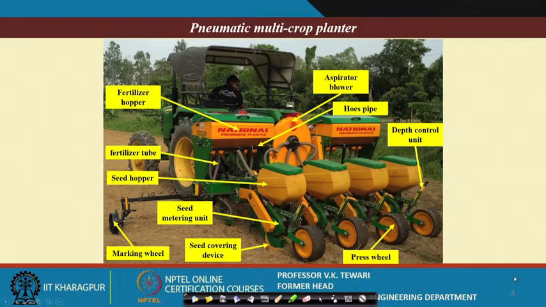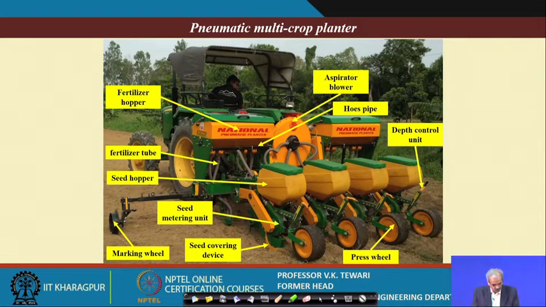Pneumatic multicrop planter. Yes, I have shown this in the field to you already, but it is very relevant that I should show you here also what the more details of this particular equipment are. Well, we will start with the last operation, that is the press wheel.